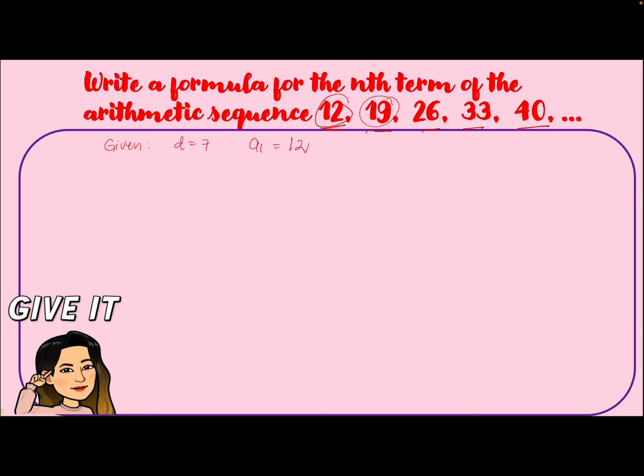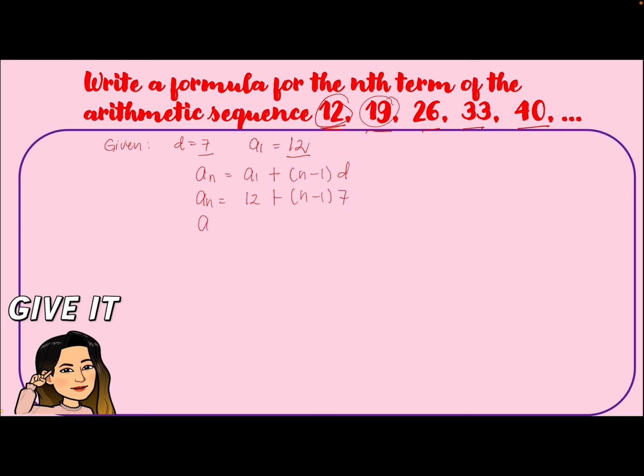In order to get the formula for the nth term of this given arithmetic sequence, we will use the nth term or general term formula for the arithmetic sequence, which is a sub n is equal to a sub 1 plus the quantity n minus 1 times d. So we have a sub n is equal to our a sub 1, which is 12, plus the quantity n minus 1 times d, which is 7.